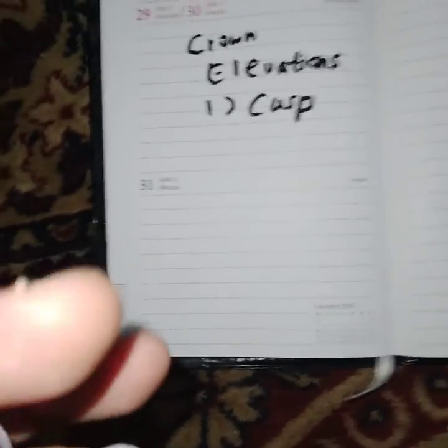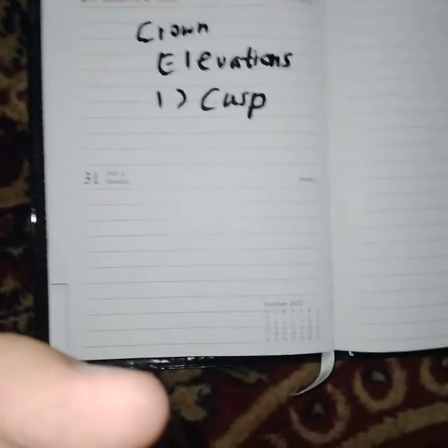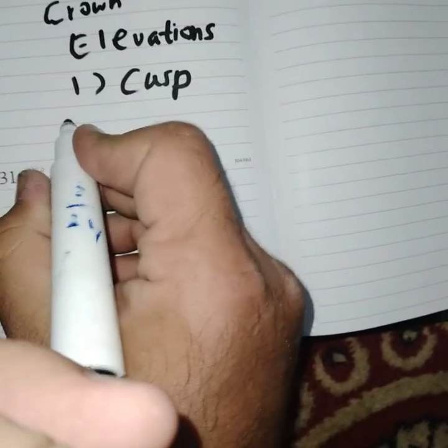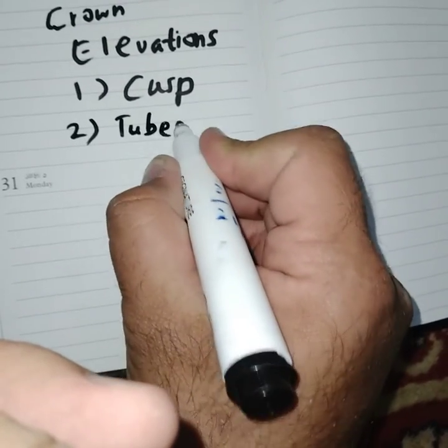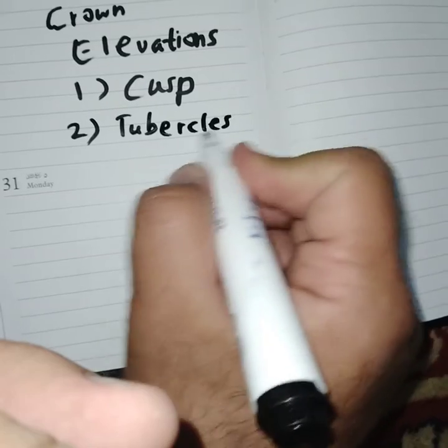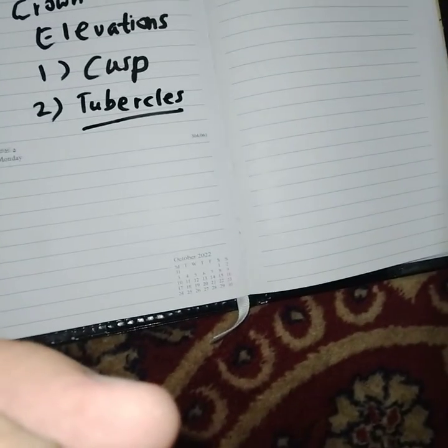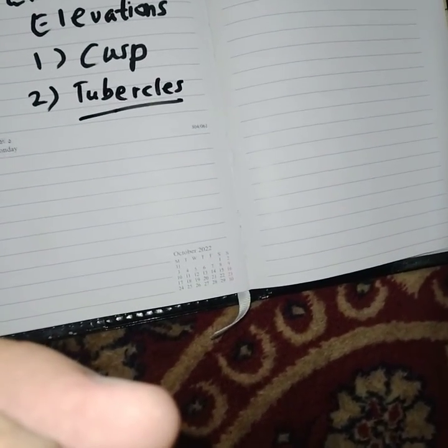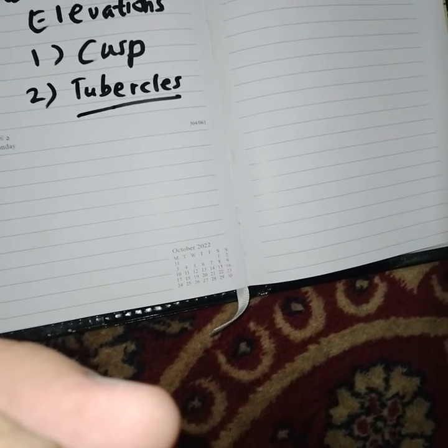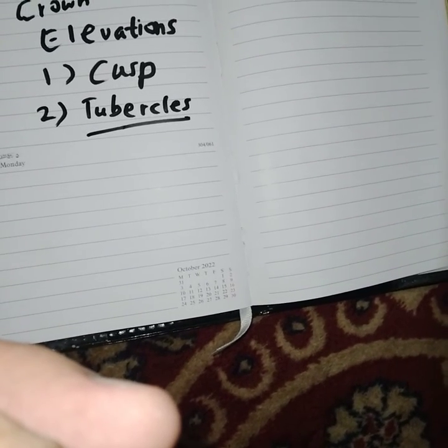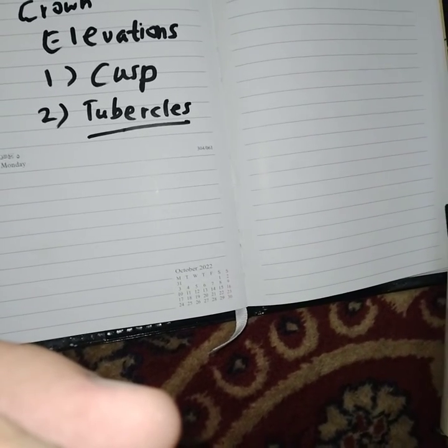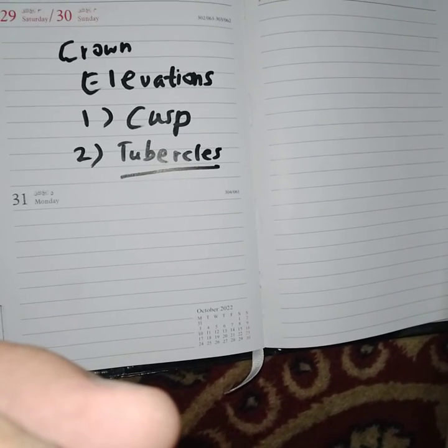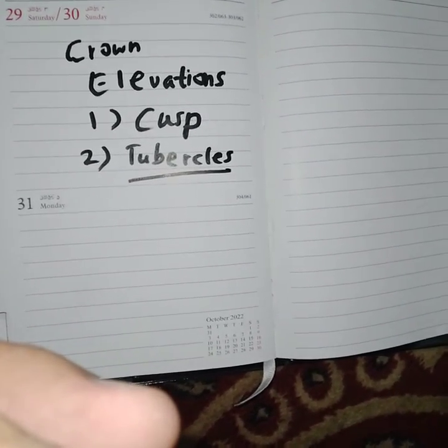The other elevation is called tubercle. Tubercles are rounded or pointed projections found on the crowns of the teeth. They are not normal findings, although they are not rare.